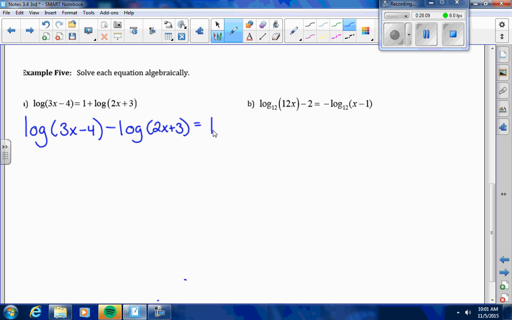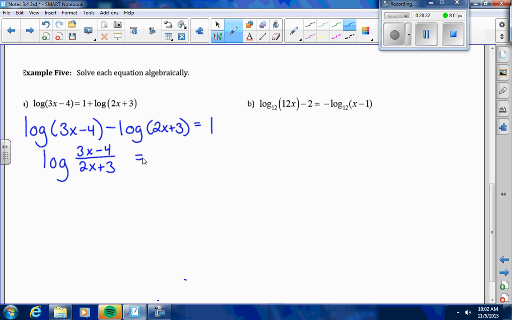Now that we have it on the other side, are those two logarithms with the same base? Yes, so what can I do with it? I'm dividing, but it's just a single logarithm out front. So a single log out front. What's on top, divided by what's on bottom? 2x plus 3.